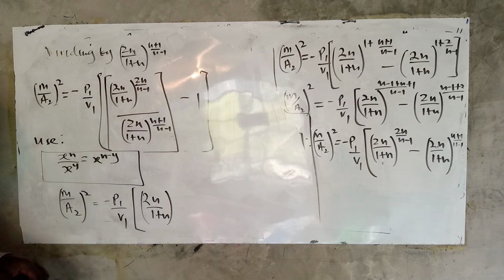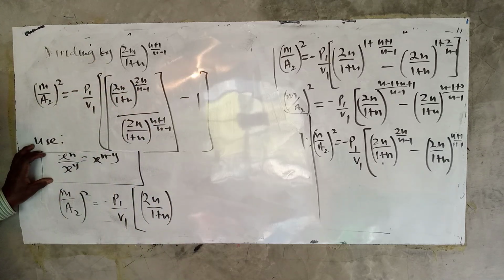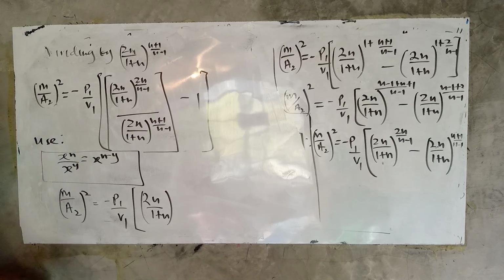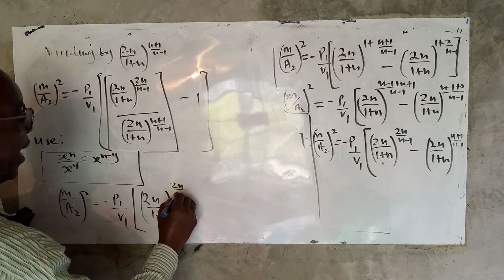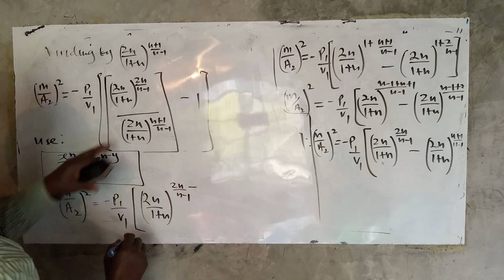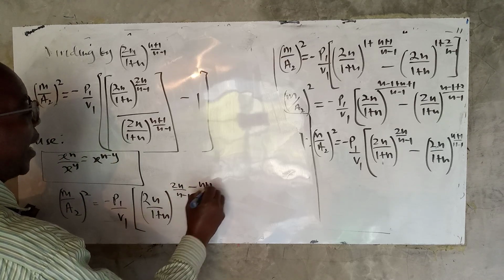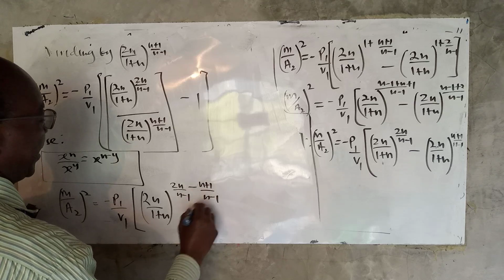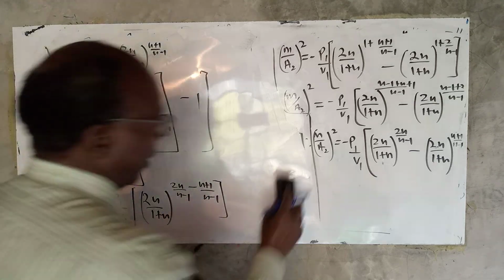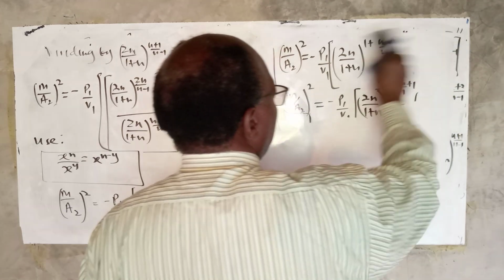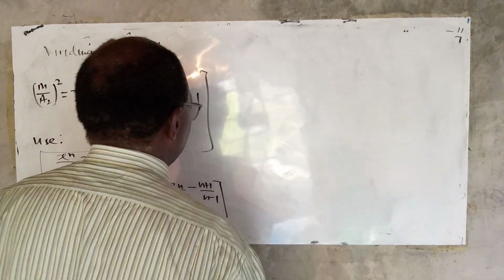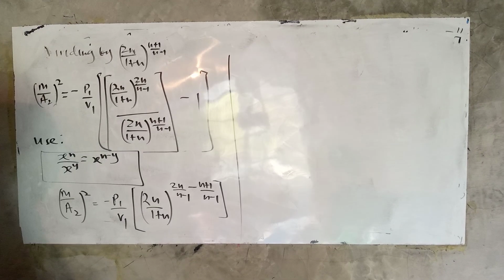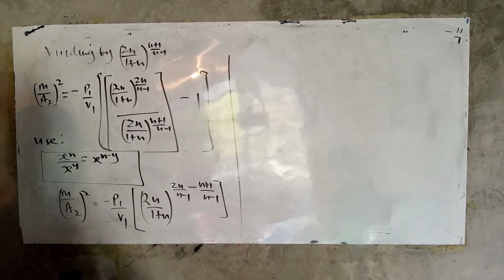So we take it up, dividing this quantity by that, using that identity there, we'll simply have 2n over n minus 1 minus n plus 1 over n minus 1. And so this particular quantity now makes our life easier. So let's solve that expression there.